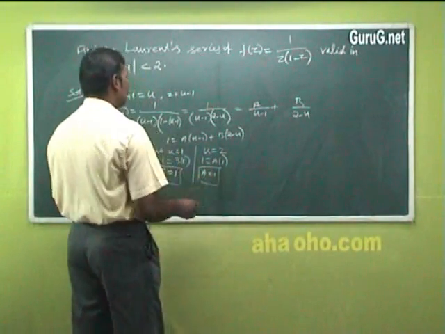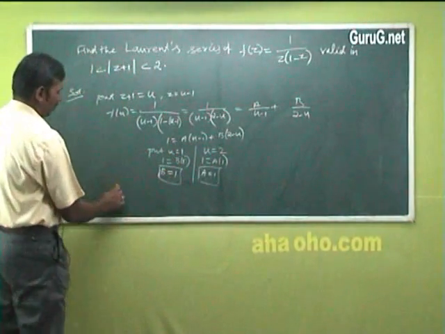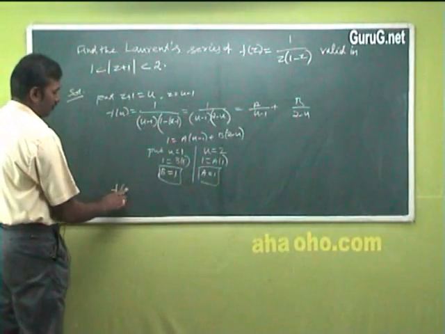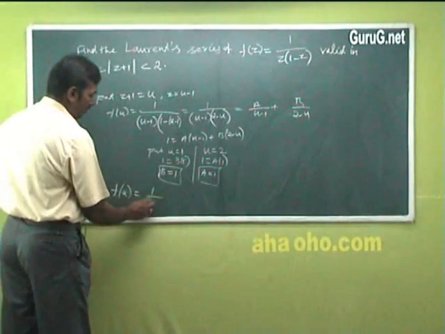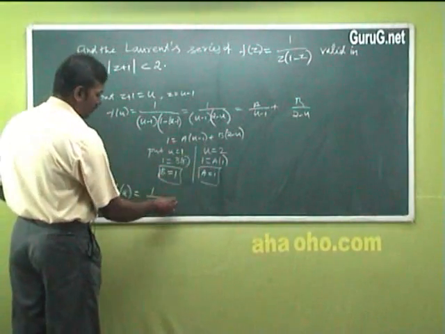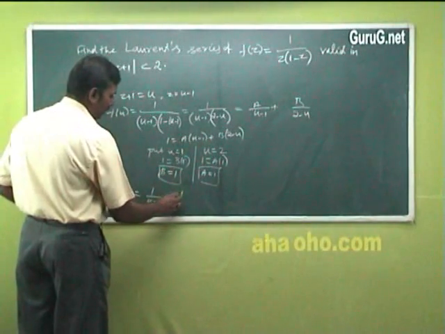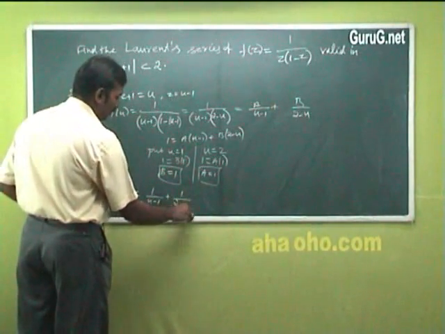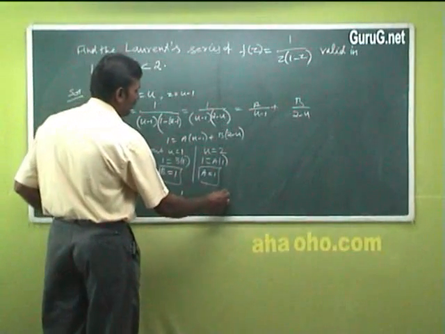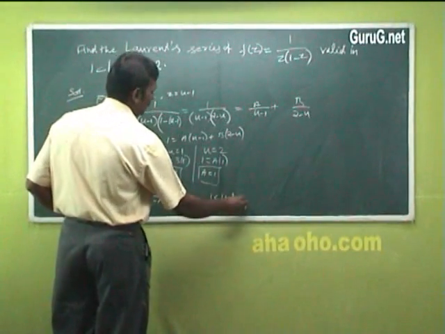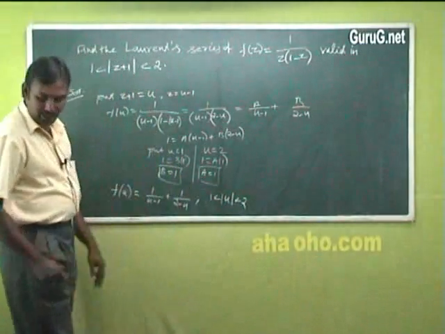So therefore this function is replaced as what? f of u equal to 1 by u minus 1 plus 1 by 2 minus u. What will be the region now? 1 less than modulus of u less than 2, right?